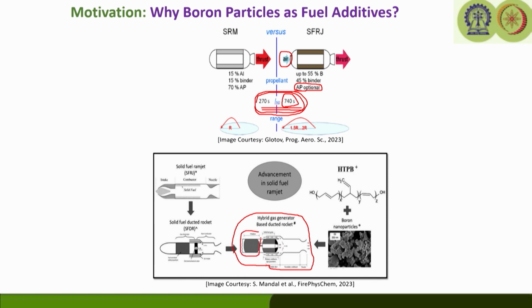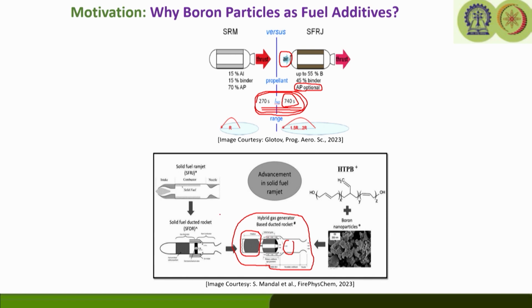The gaseous oxidizer goes into the primary chamber, which basically contains the solid fuel. There is no oxidizer present in it; only gaseous oxygen goes there to partially burn the fuel first, and the remaining combustion takes place in the secondary chamber, where the oxygen comes from the atmosphere through the ram compression process.